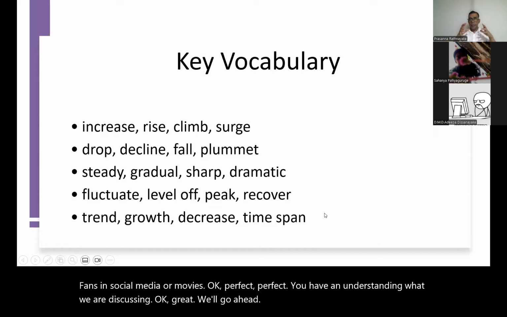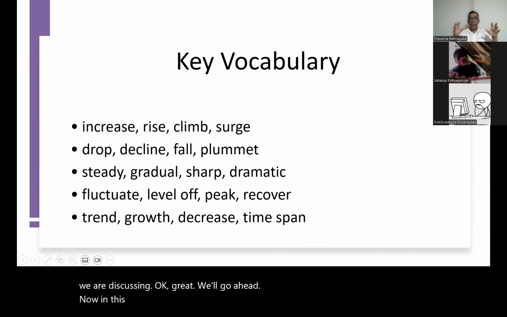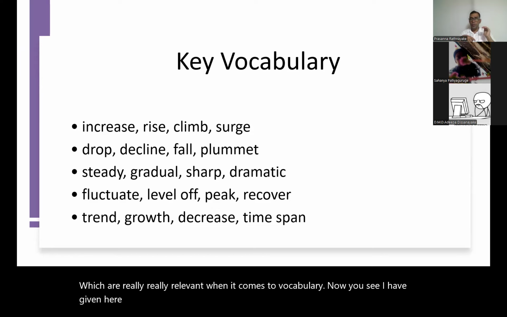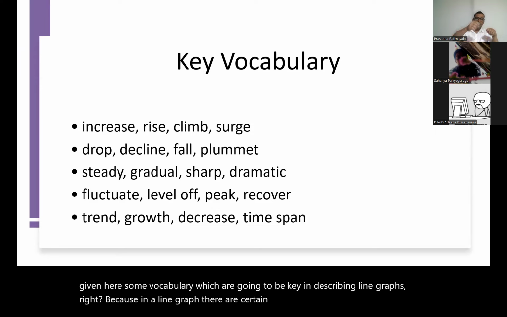Now, in this particular graph category, there are certain things which are really relevant when it comes to vocabulary. I have given here some vocabulary which is going to be key in describing line graphs, because in a line graph there are certain movements. They are increasing.